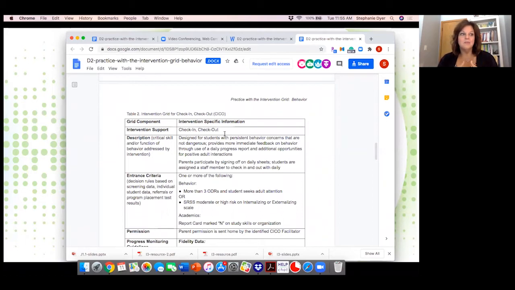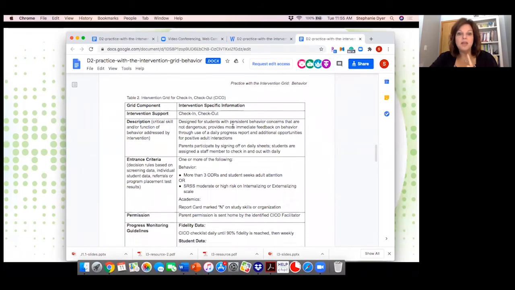And then depending on how they do, then you can layer on other interventions if need be. So in Michigan, we also have check-in, check-out as like a primary tier 2 intervention for our partners, but they aren't required to use it for every student. And so schools still use the grid to make decisions about best fit. So you might not need check-in, check-out on your grid.